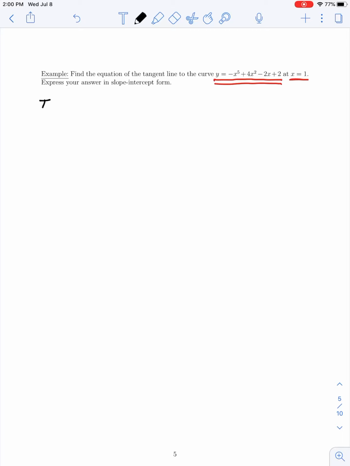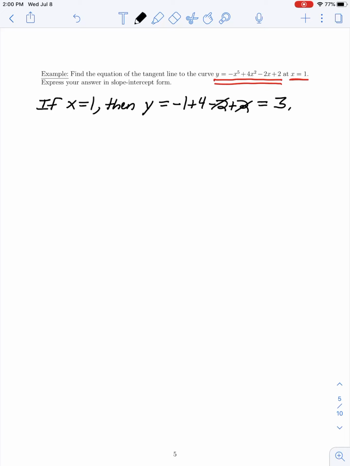So in this example, if x is equal to 1, then our y value, well, if I plug in 1 for x, we have negative 1 plus 4 minus 2 plus 2. So we're left with 4 minus 1, or 3, for our y value. So this line is going to pass through the point 1, 3, and we need the slope of this line.